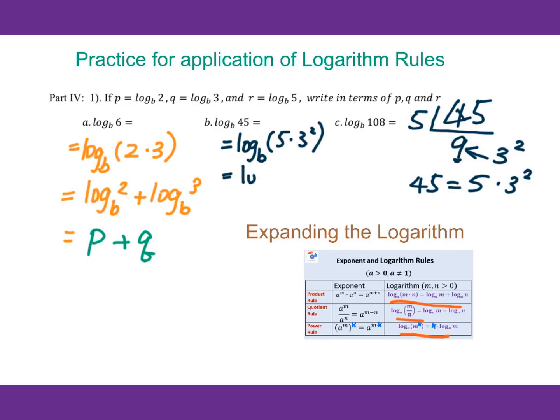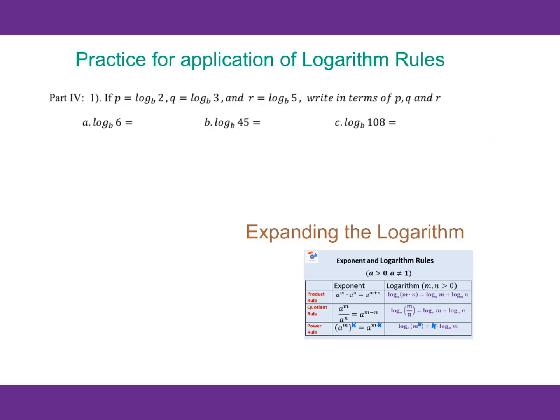Then we expand this: log base b of 5 plus 2 times log base b of 3, because we drop down the exponents. Then we plug in. You will get r, because log base b of 5 is r, plus 2 times q, because log base b of 3 equals q.